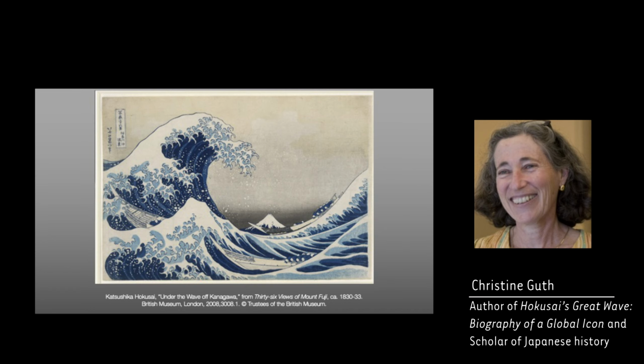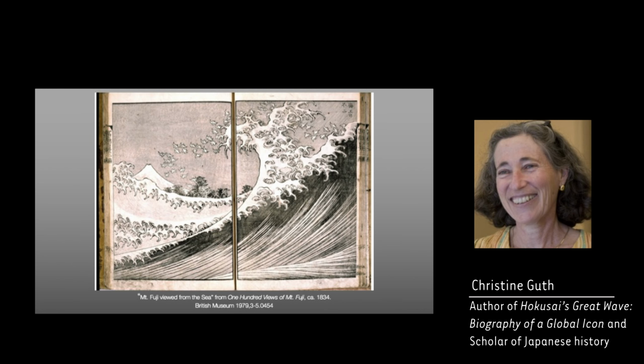But I think related to multiplicity are the many variations of the print that began with Hokusai's own. In addition to the print with its distinctive blue coloring, Hokusai created another wave in his 100 Views of Mount Fuji.